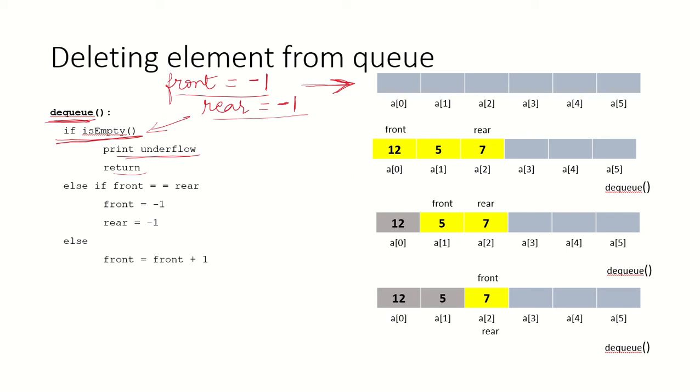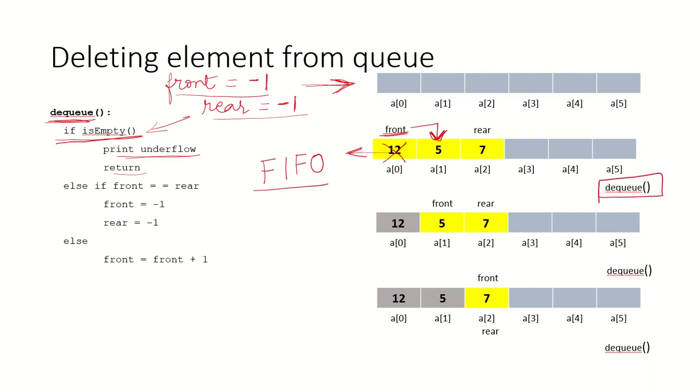Else, since the queue always follows the FIFO principle, the element that was inserted first is the first one that will be out. So elements will be deleted from the end which is pointed to by the front. If the element has to be deleted, then front would now point to the next element over here, and 12 would no longer be part of the active queue.